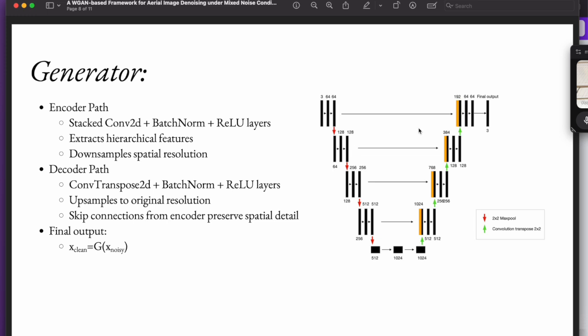These skip connections help to provide the lower level spatial features, the details which are not to be forgotten while doing this whole process. So these transfer to the decoder and help in providing an output which has a structural similarity to the clean image.